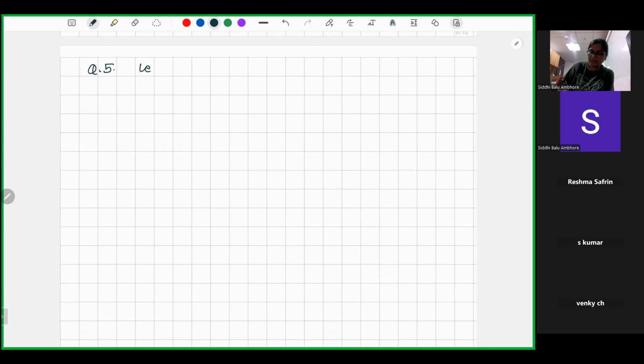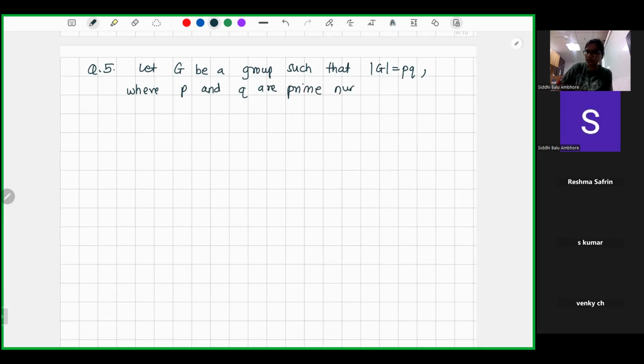Question 5: let G be a group such that the cardinality of G is PQ, where P and Q are prime numbers and P and Q need not be distinct.